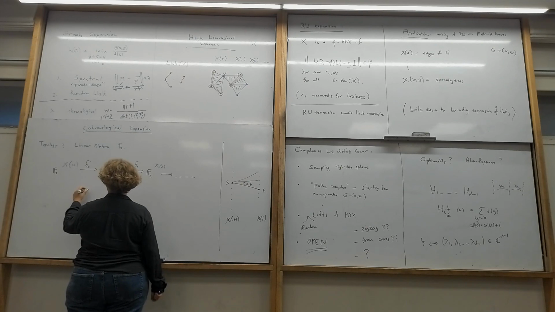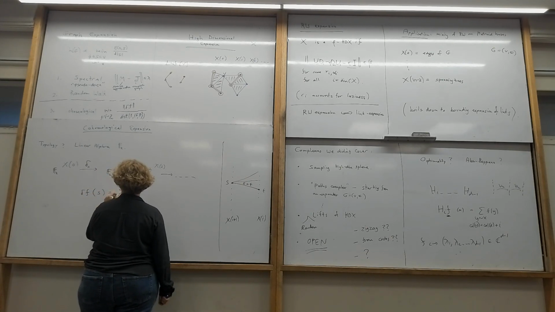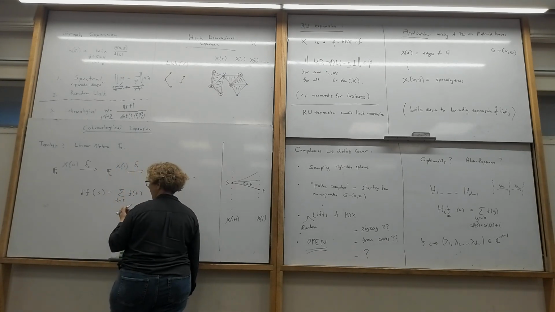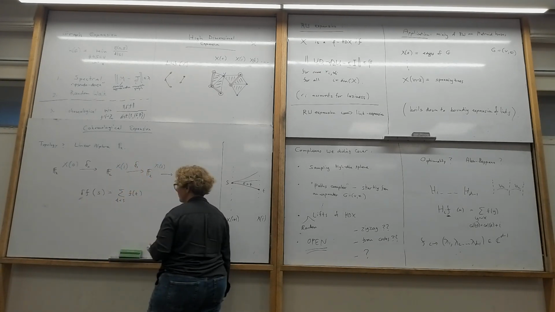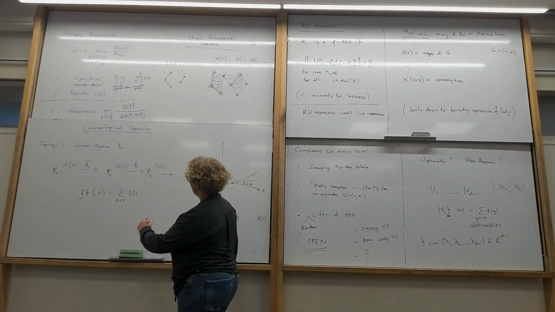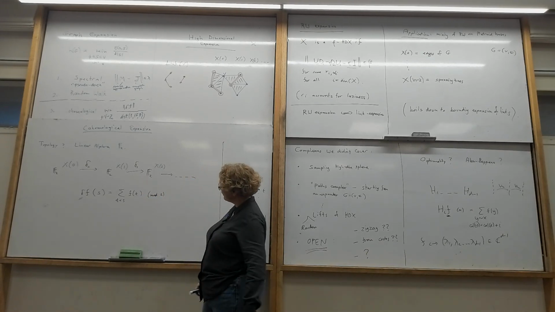Delta f at a point s is equal to the sum over all t less than s of f at t. This was the definition of the operator delta. And unlike what we had before over the reals, here it's mod 2, since we're doing F2 coefficients.